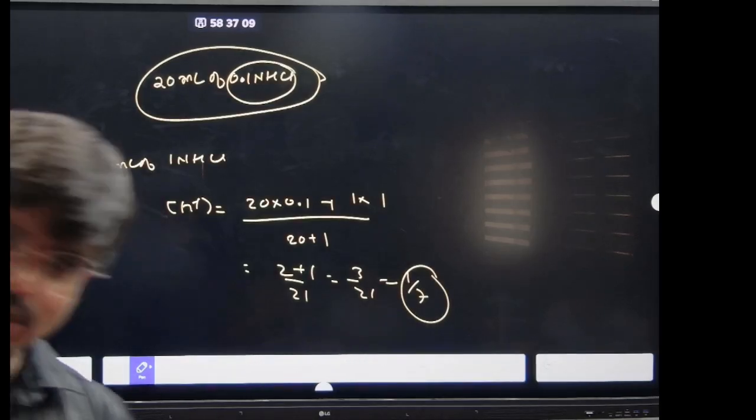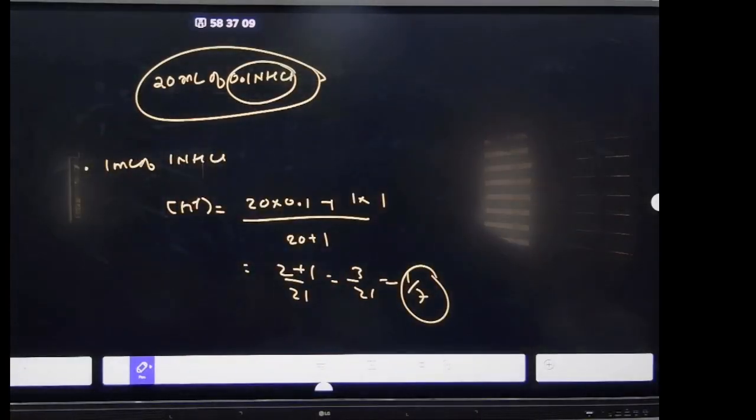So this is basically changing one. So first is not the option.